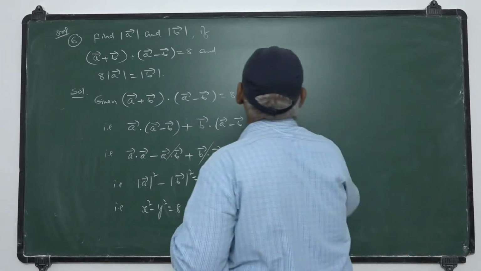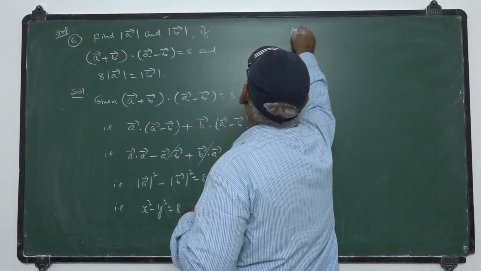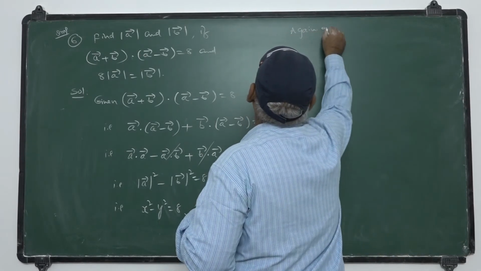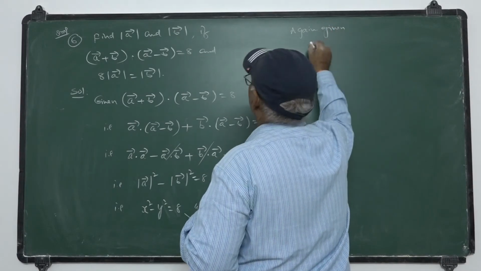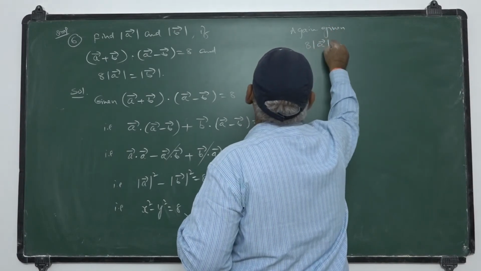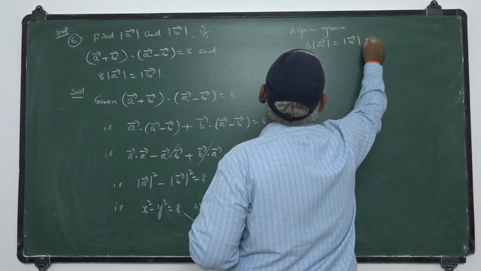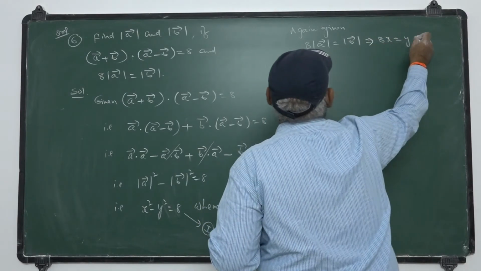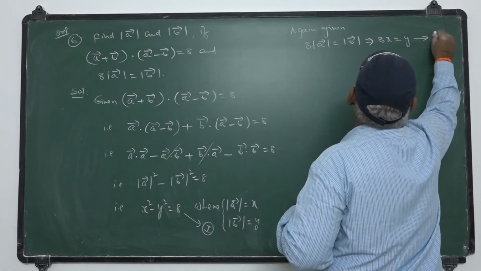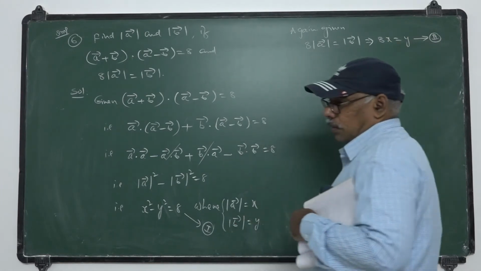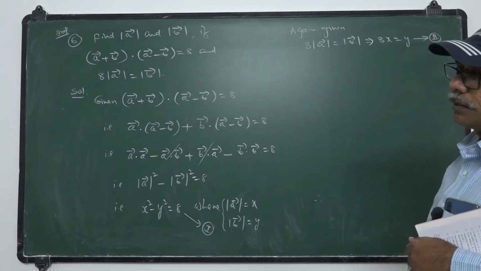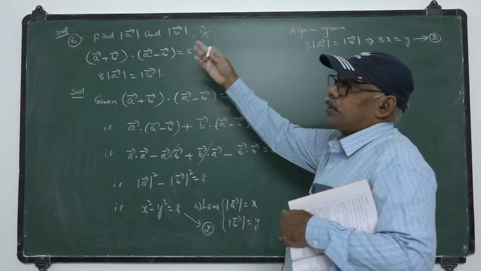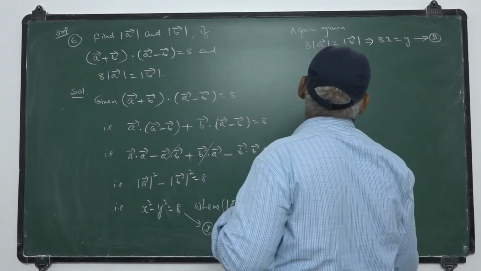Similarly, again given 8 into mod A bar equal to mod B bar implies 8x equal to y. This is the second given relation. Now solving 1 and 2, we get x and y values, that means mod A and mod B values.